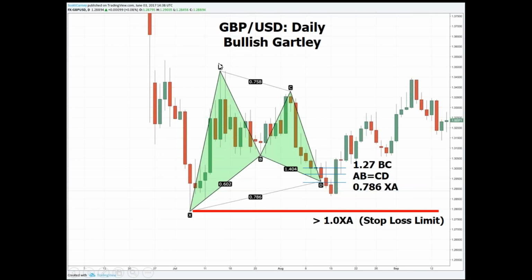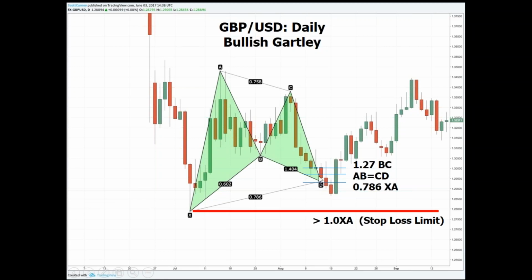We have that equivalent A to B, C to D. Right there is the exact point where the minimum equivalent ABCD formation completes. And then we utilize the 127 BC extension. This is a tighter configuration, but all of the numbers are tested, and we focus especially on that 786.